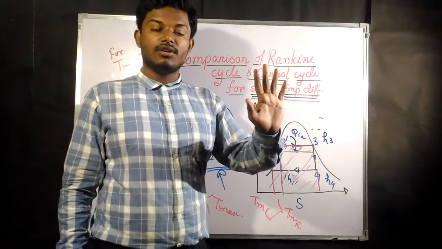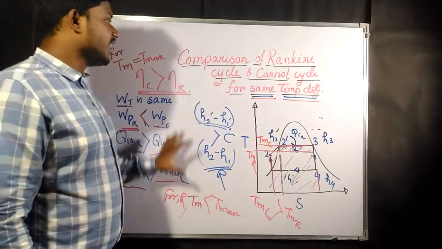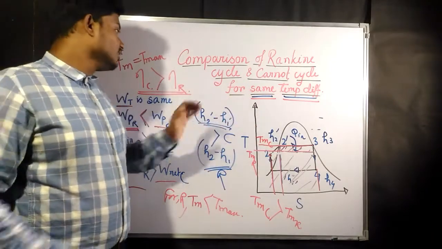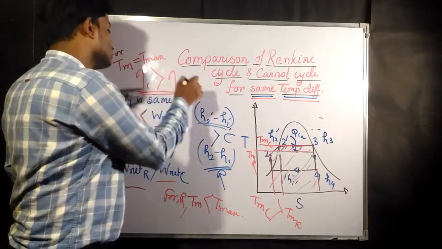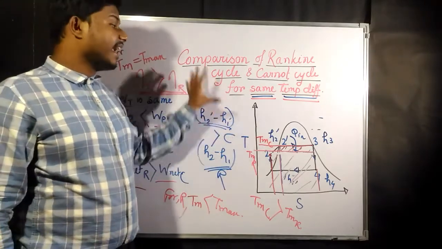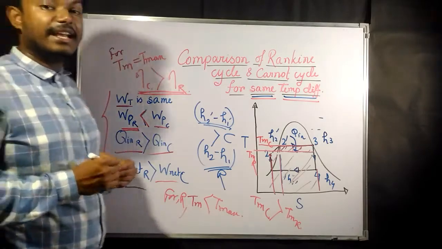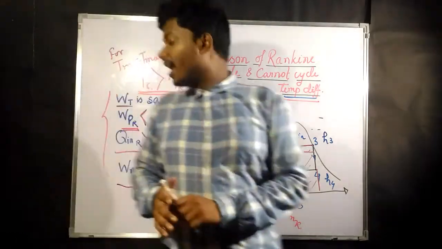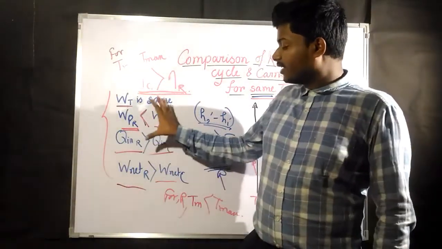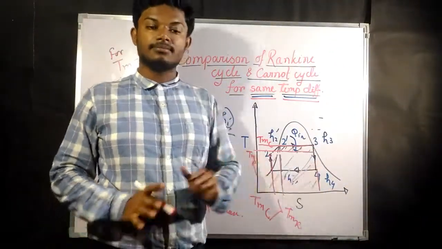This explanation leads us to the conclusion that for the same temperature difference, Carnot cycle efficiency is higher than Rankine cycle. The total comparison of work done, work output, heat input and net work, and how they change, is in front of you in this diagram.